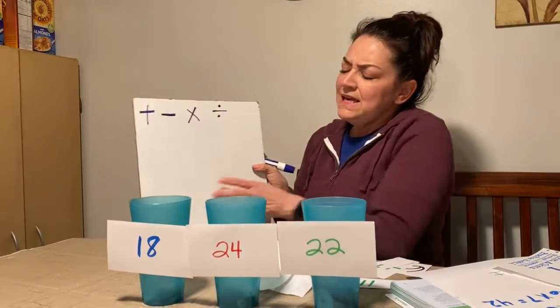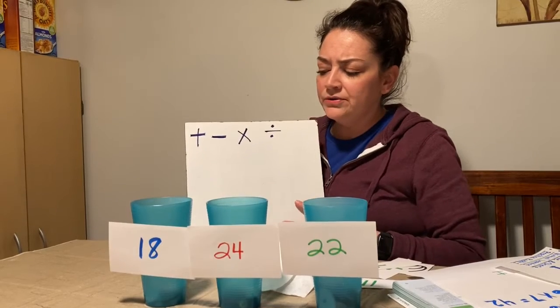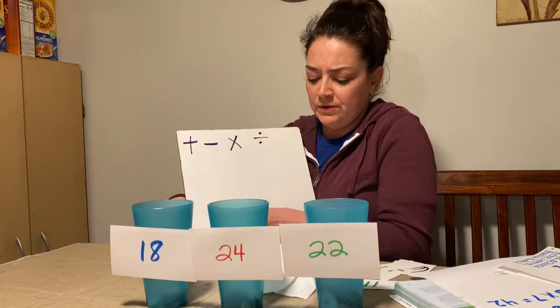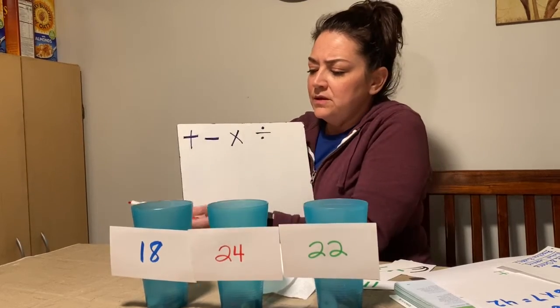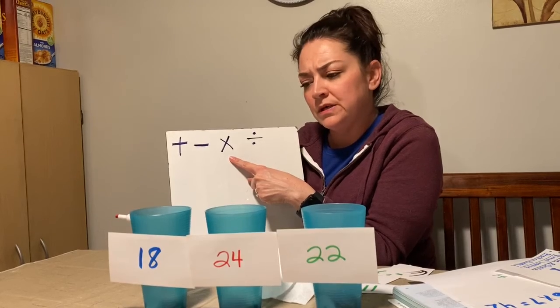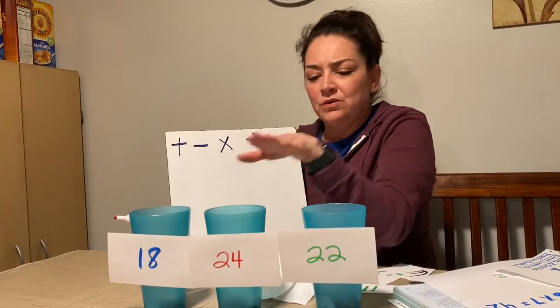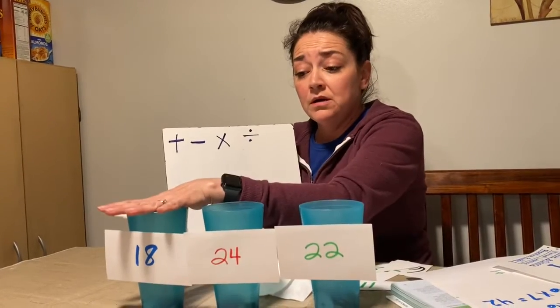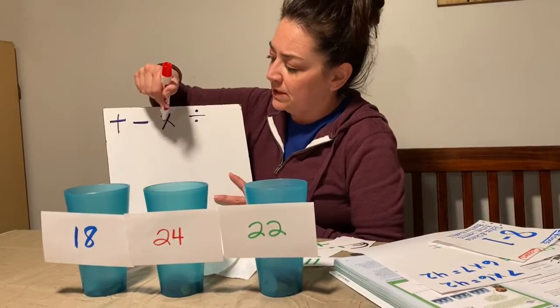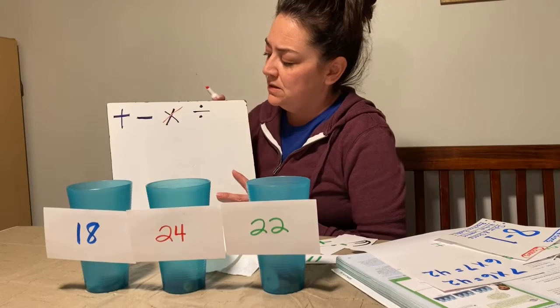So, if it's saying all together, I want to rule some of these operations out. So I know multiplication deals with equal groups, and these don't look equal to me. There's 3 groups, but each one is not equal. So I don't think we're going to use multiplication today.